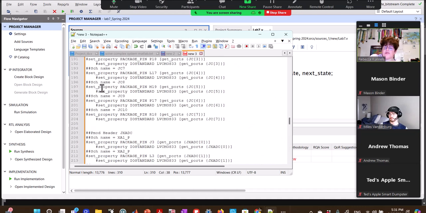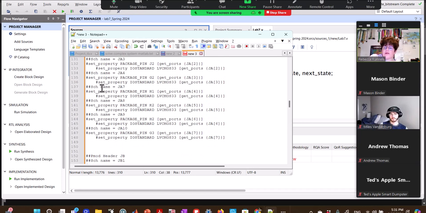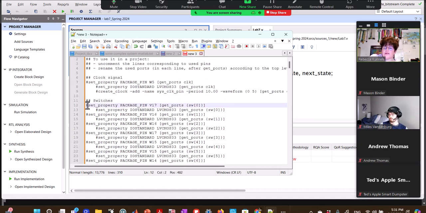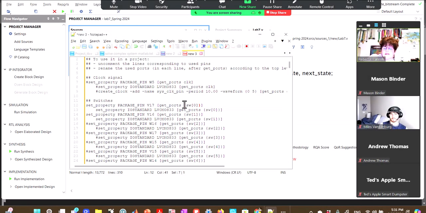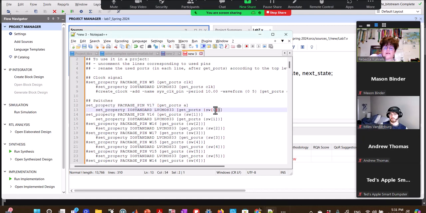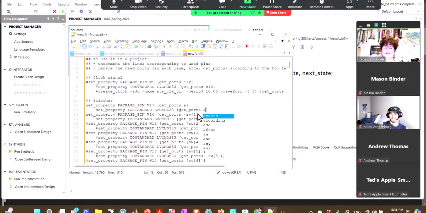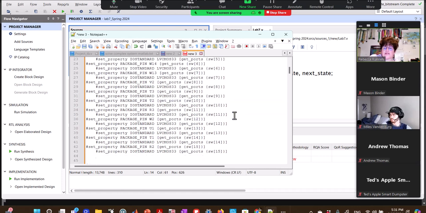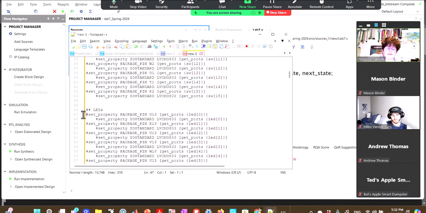And I need to set 2 switches to be A and B, and 2 outputs to be U and V. So I just very creatively went to the first 2 switches and uncommented them, changed the first 2 switches to A and B, and then went to the LEDs and just as creatively chose the first 2 of those.